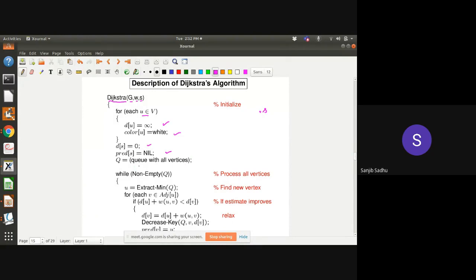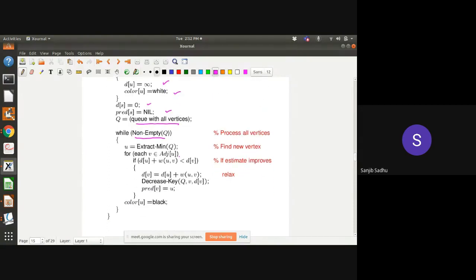Now Q, what is Q? It is a priority queue of all the vertices. You know the priority queue has a priority value, so which is the priority value? du. We will use that du value. Now while Q is not empty, we have to do something. I will find the next minimum vertex based on the du value.